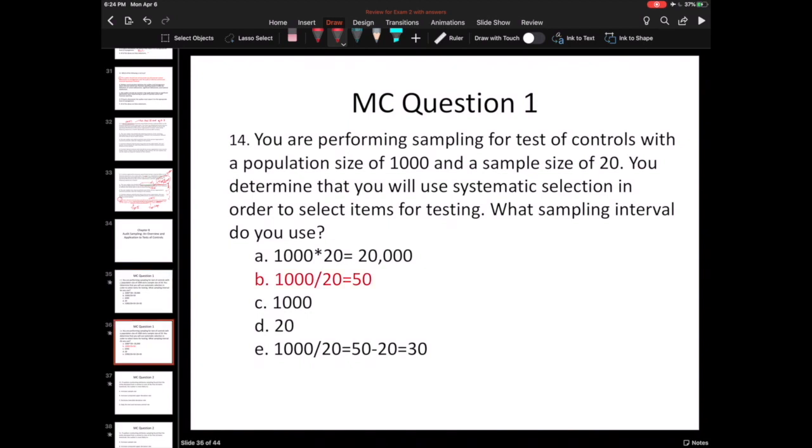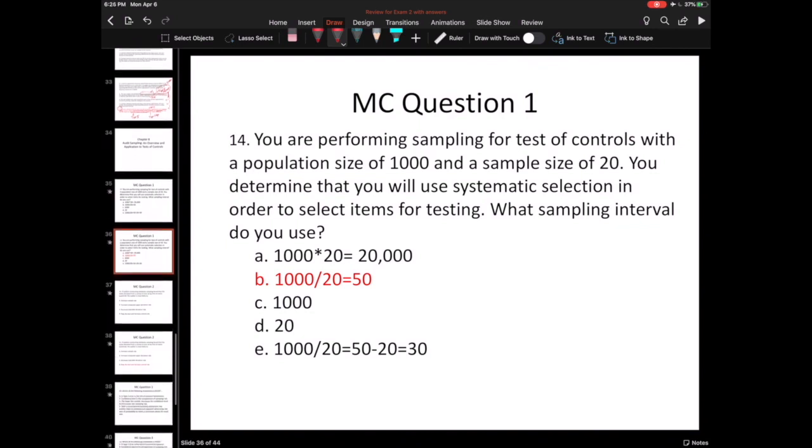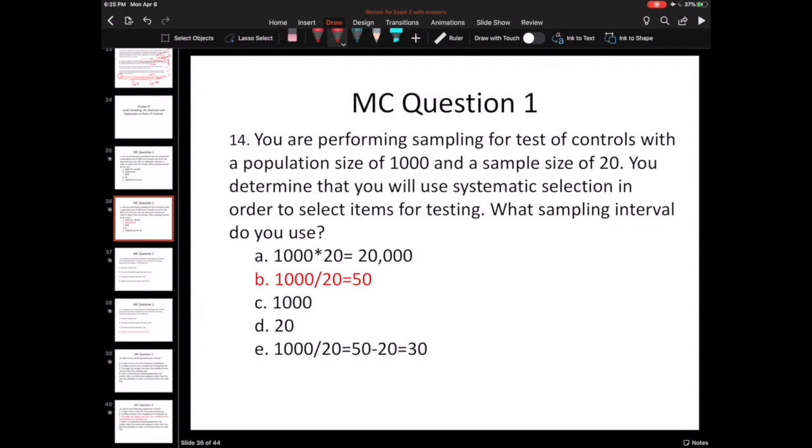Okay, this was a very straightforward one, and we went through that example of systematic selection versus random selection in class. So hopefully you got this one. If you didn't, go back through that chapter 8 lecture. There's no tricks to this one. It's really straightforward.